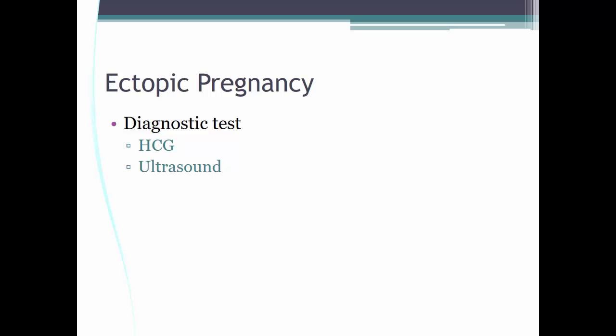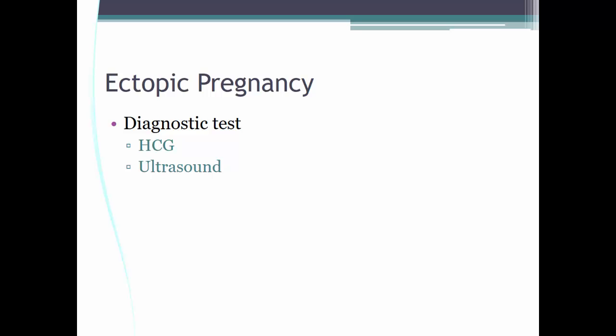So if quantitative serum beta HCG is less than 5, ectopic pregnancy is excluded. Otherwise, you should consider it. If ultrasonography detects an intrauterine gestational sac, ectopic pregnancy is extremely unlikely, except in women who have used assisted reproductive techniques.